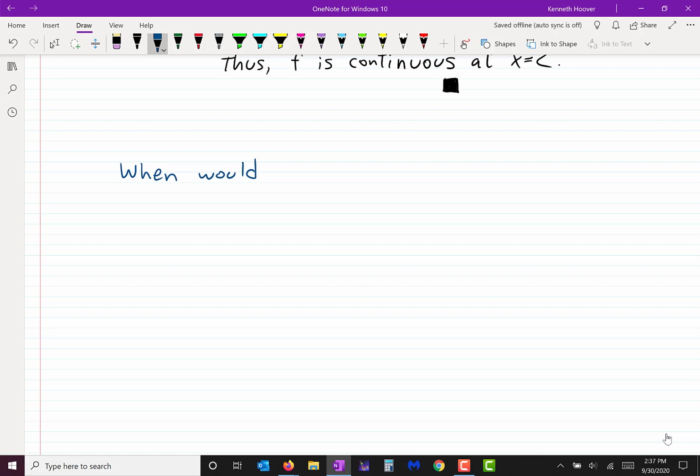When would f fail to be differentiable? There's several ways that it could happen, but most commonly there's two things to worry about, okay? Which is this.